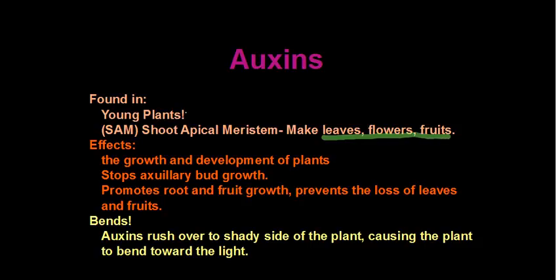Those are just the things that they're making at this section of the plant. And auxin has effects on a wide variety of materials inside of the plants. It helps with growth and development, and it promotes root and fruit growth while preventing the loss of leaves and fruits.